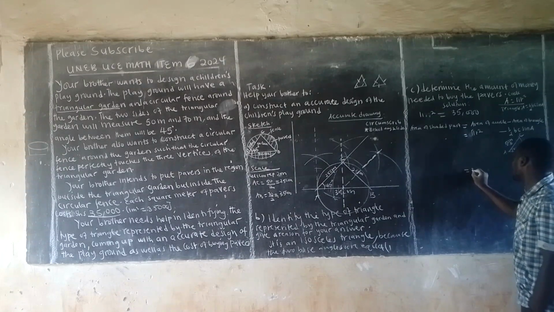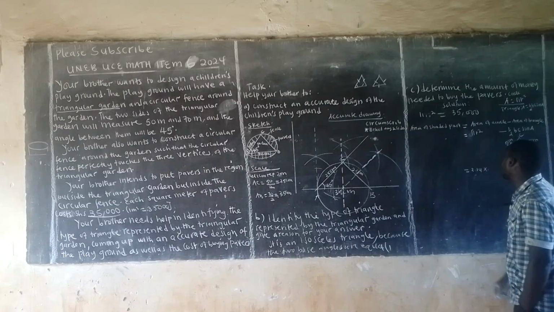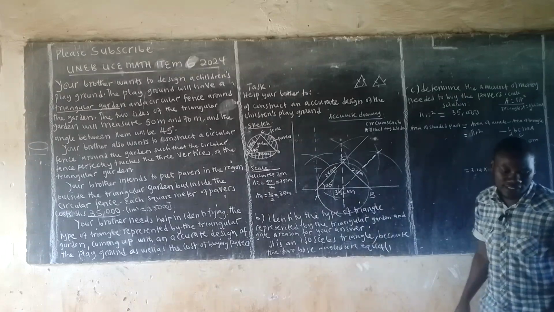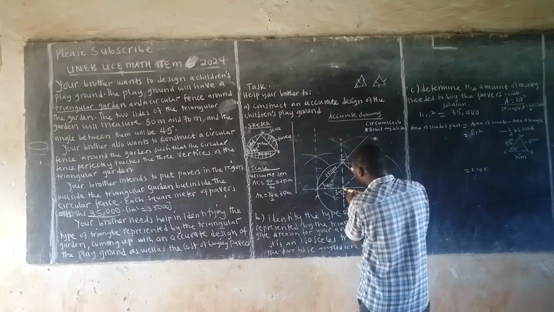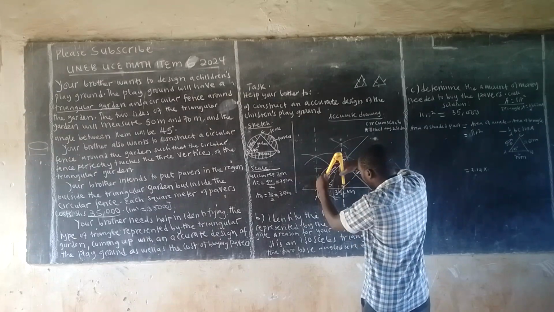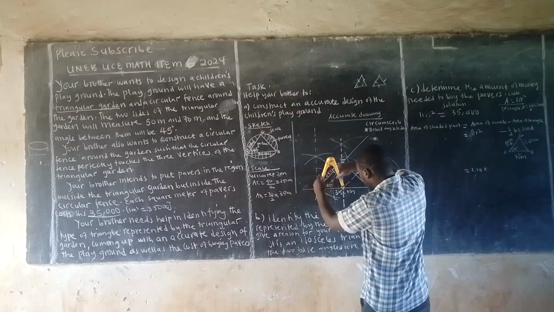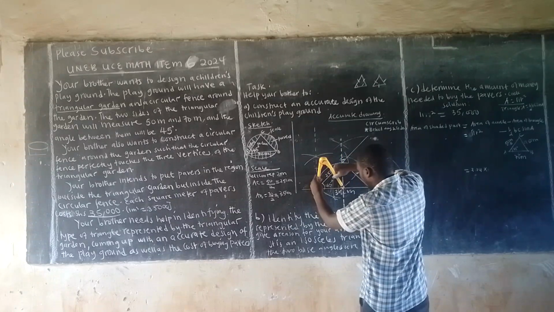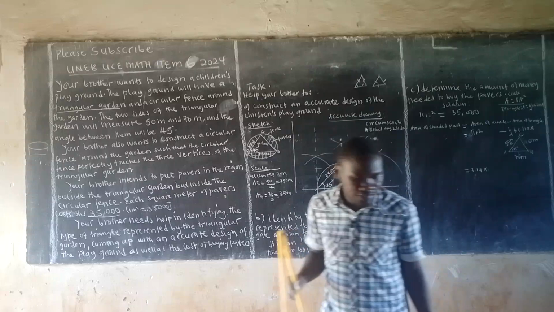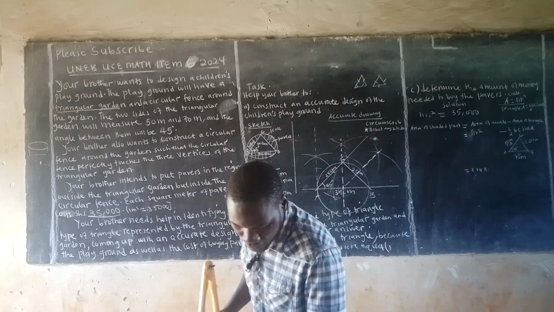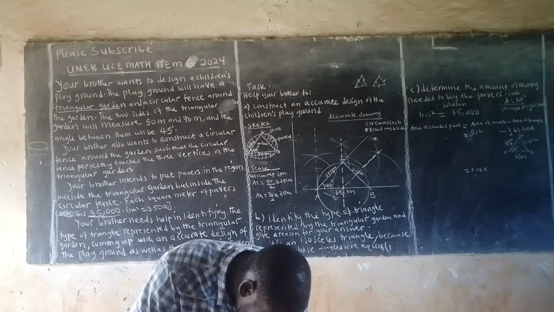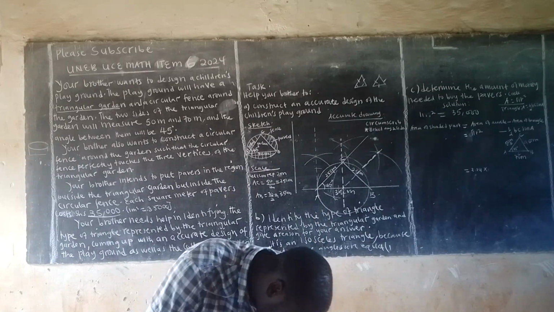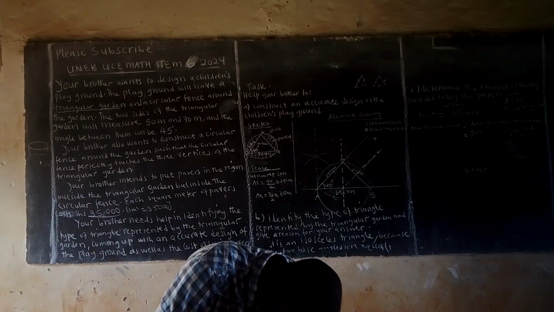So now come and say 3.14 times, okay, radius of the circle. Let's measure the radius of the circle here very fast. Come and put at the center and adjust to the circumference. Now it will be the radius of our circle if you try to measure.